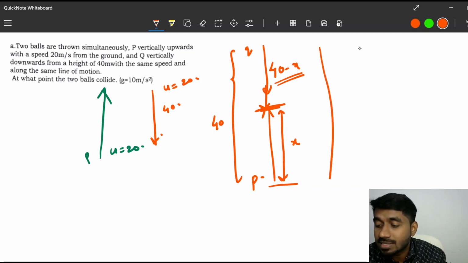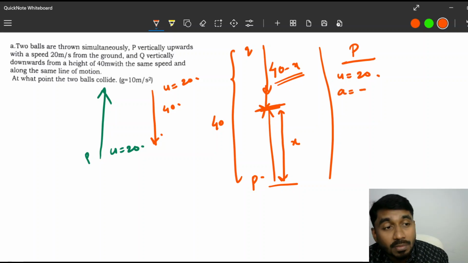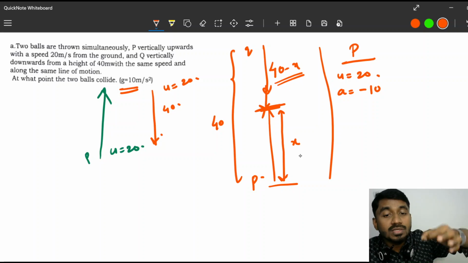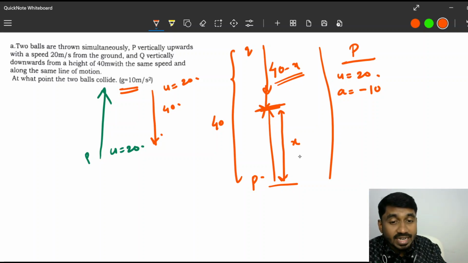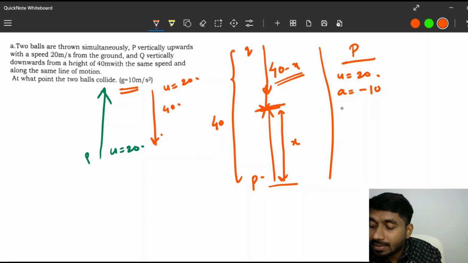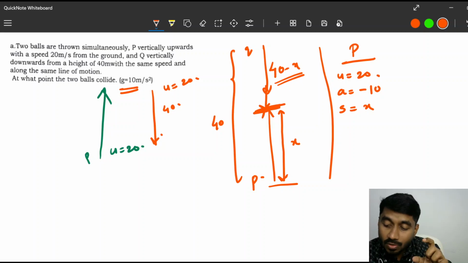Now this is very simple. Let's take this case as P. What is the initial velocity? 20. But what is the acceleration? Minus 10, because in the question you can take g as 10. For upward motion, the ball is going up but the acceleration acts downwards, so we take the acceleration as negative. The distance traveled is x, because it travels only up to x to meet the second ball.